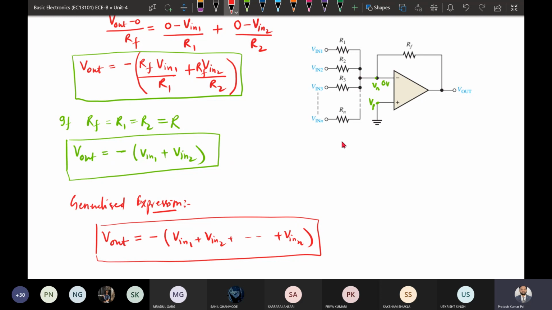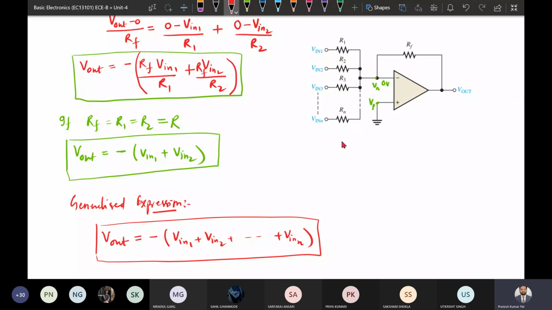So this is what we have got as the output, but suppose the output that we have got has a relation between input 1 and input 2, along with RF and R1, the resistances. If all the resistances are the same, then we get the output as directly the sum of the inputs.